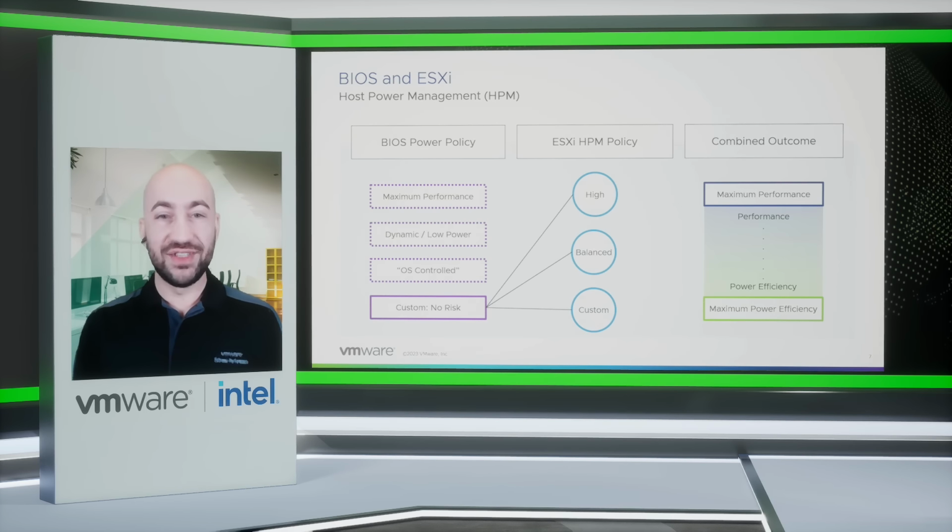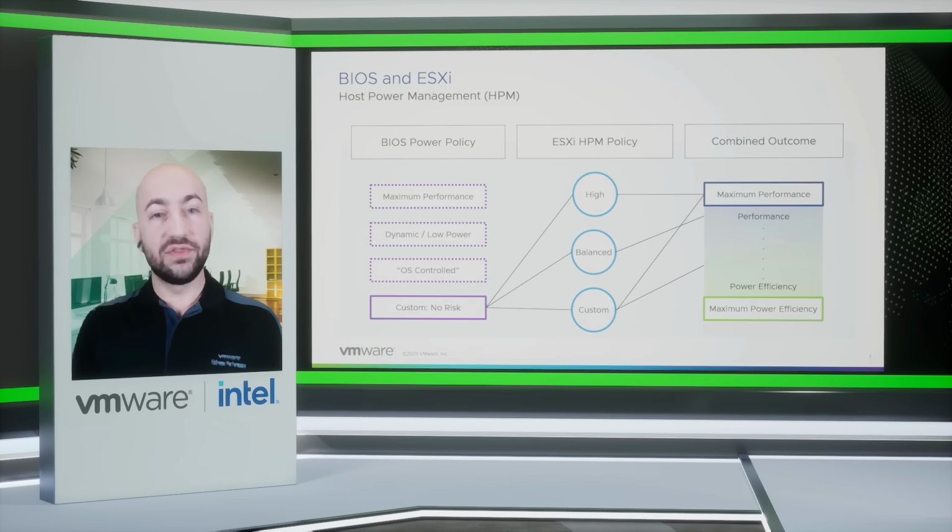So what we're proposing is what we call a custom no-risk host power management policy, because we want you to be able to retain that maximum performance at ESXi level control. But we also want to give you the possibility to use different settings, different policies, different methods of control, to retain flexibility within that maximum performance, but maybe not maximum power efficiency level.